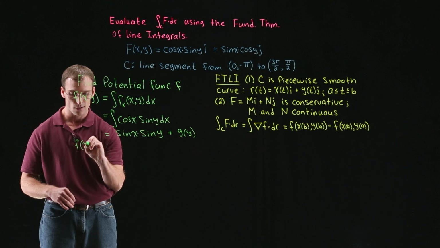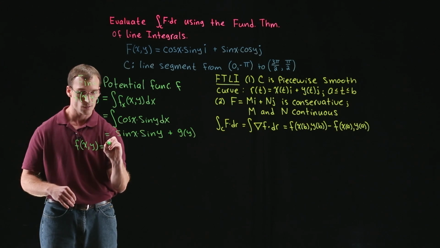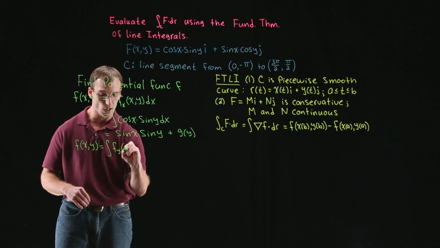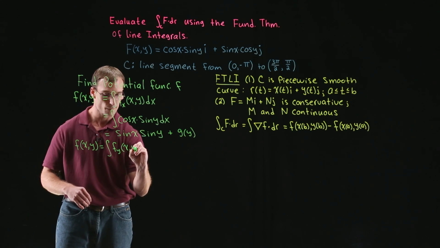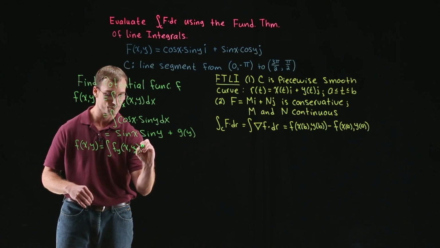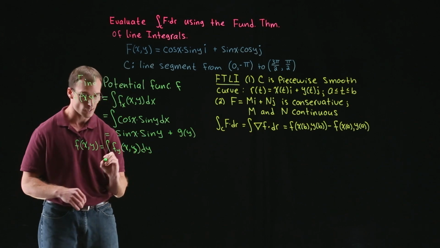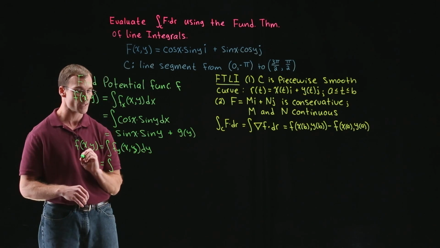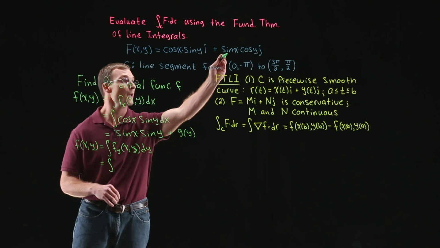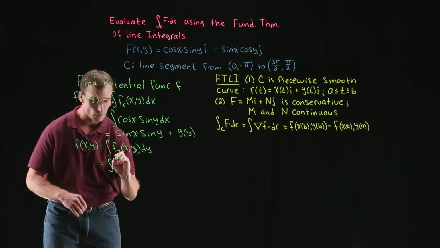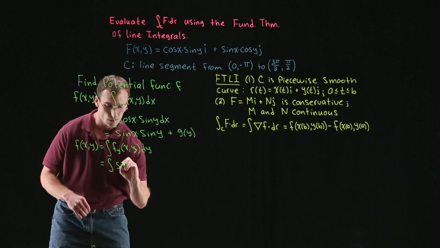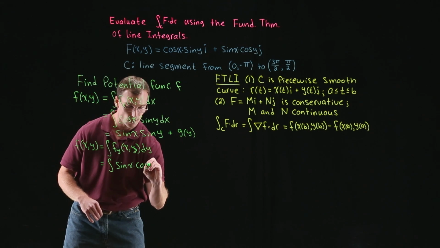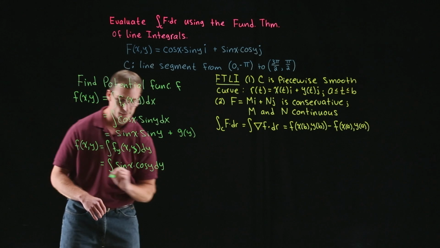We're going to look at f of x, y being the integral of the partial derivative of f with respect to y, dy, which is going to be the integral of our N part of our vector field F. So integrating sine of x times cosine y, dy.